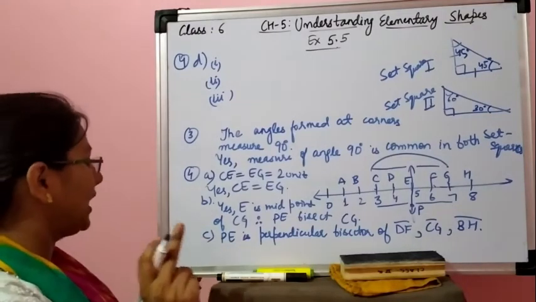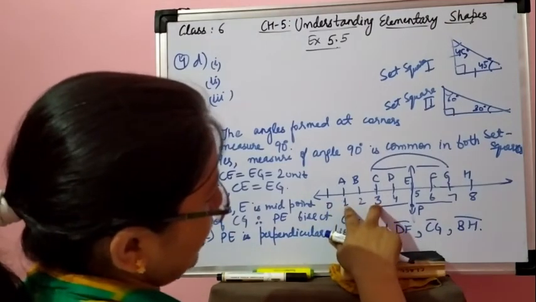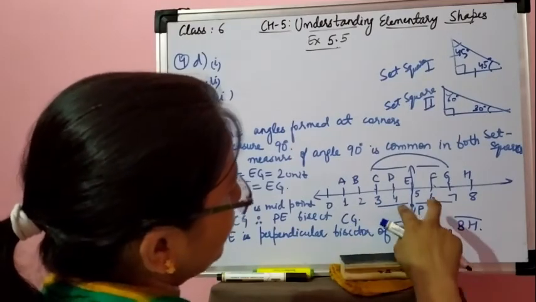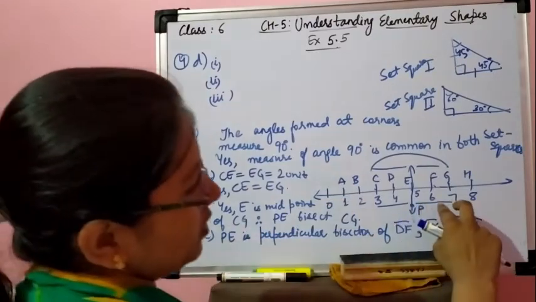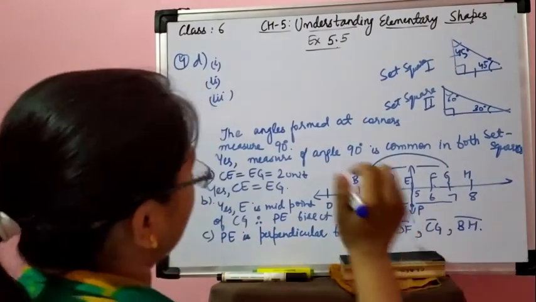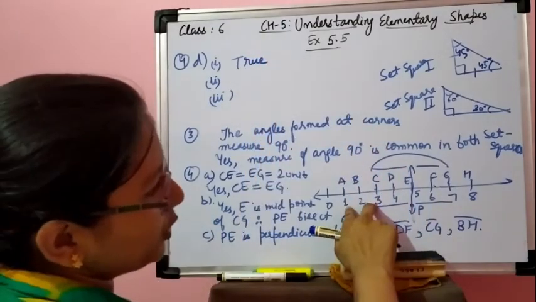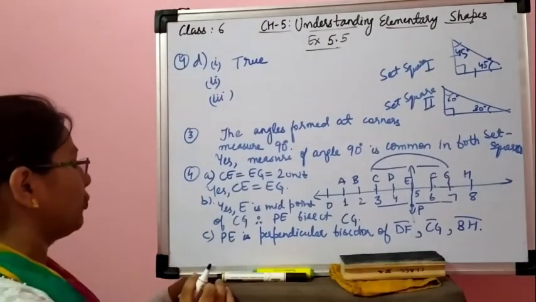A part, AC is greater than FG. How many units is AC? 1 and 2 units. Greater than FG. How many units is FG? 1 unit. So it is true. AC is 2 units, FG is only 1 unit. So AC is greater than FG, true.